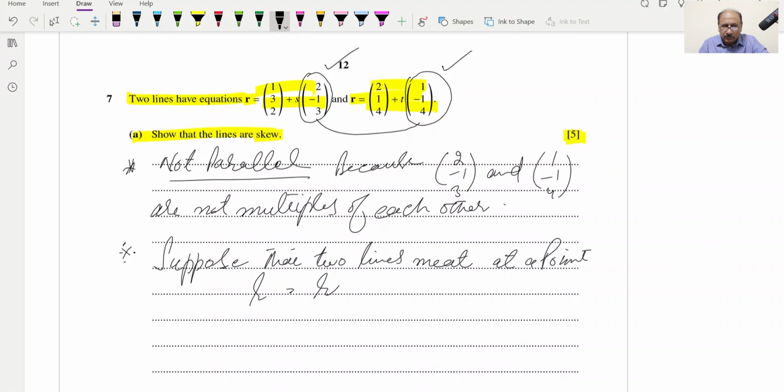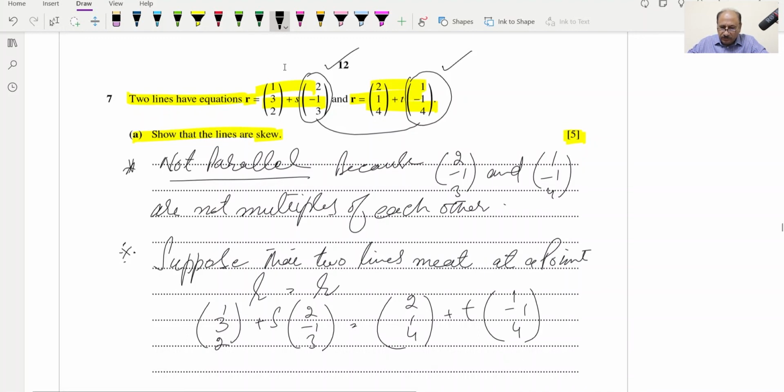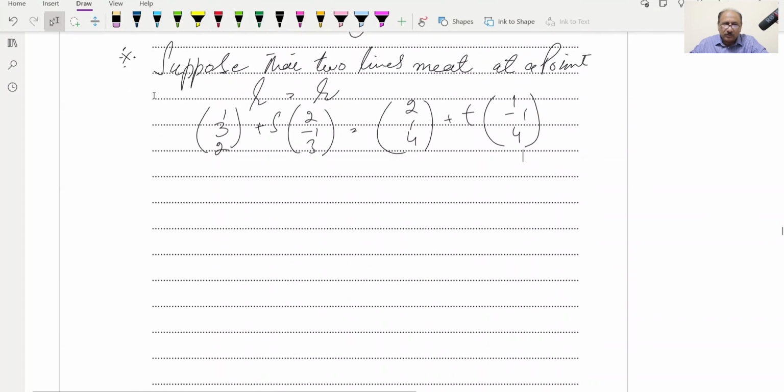It means 1, 3, 2 plus s into 2 minus 1 and 3 should be equal to 2, 1, 4 plus t into 1 minus 1 and 4. Let us check whether these are equal or not equal. This is what we will be checking.